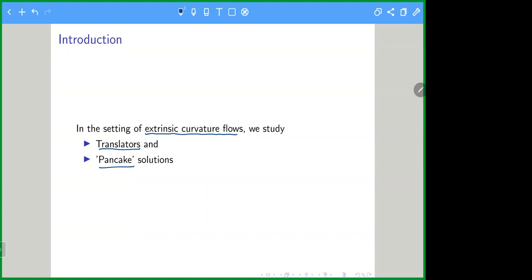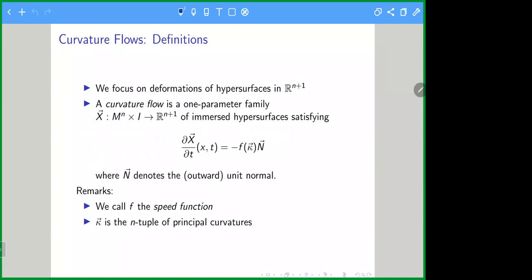I did some work on those, and I want to discuss those ideas here. I'll not belabor the point too much, because I think all of us know what's going on in curvature flows, but just a very brief introduction.